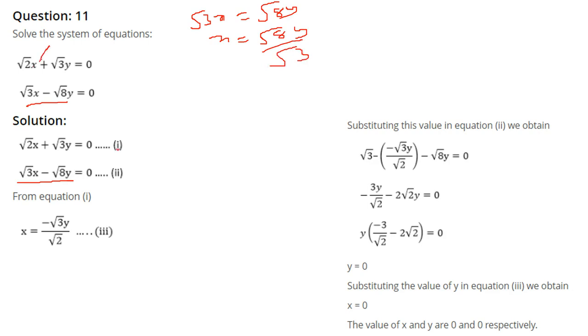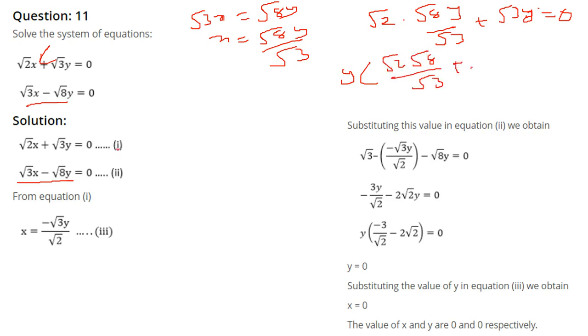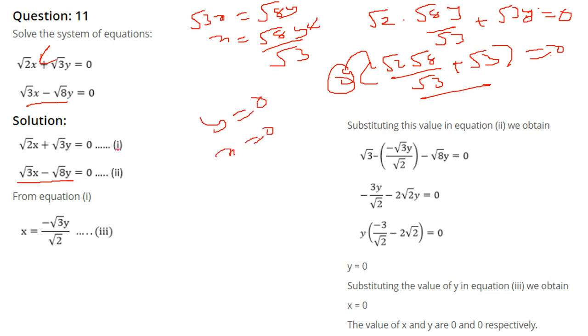Now put it here: root 2 into x, that is root 2 times root 8 y by root 3, plus root 3 y equal to 0. I am putting x equal to root 8 by root 3 y. Now just take y common. So you get (root 2 root 8 by root 3 plus root 3) times y equal to 0. See, this bracket is not 0, and the multiplication of these two is 0. That means y has to be 0. So y is 0. Now put y equal to 0 here, you get x equal to 0. So this is the simplest solution.